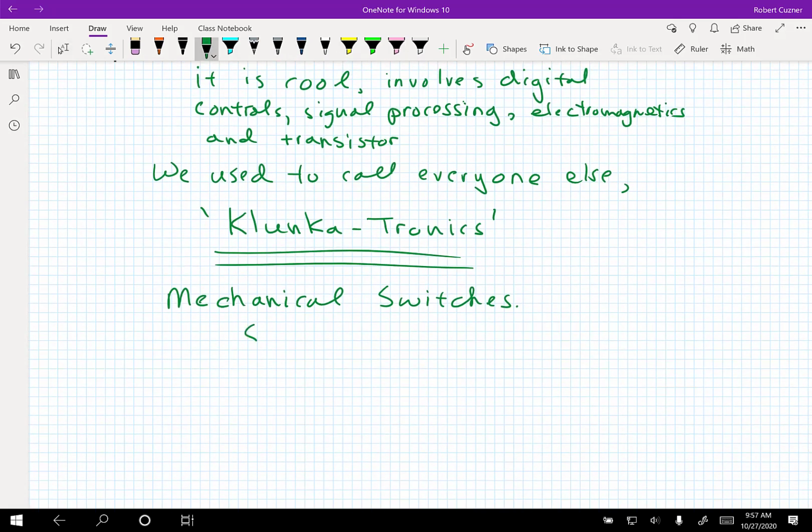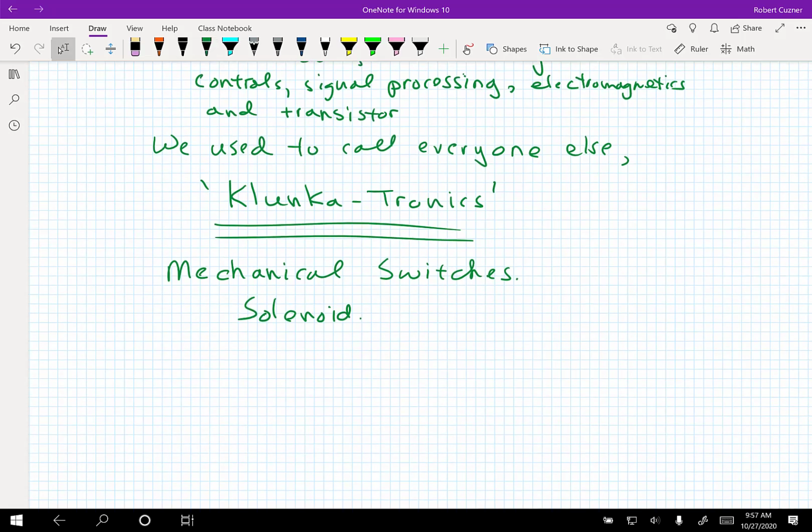So what? That's a solenoid. You've got a lot of those in your car. You've got them, fancy switches. You'd use solenoids. You've also got mechanical relays, circuit breakers.